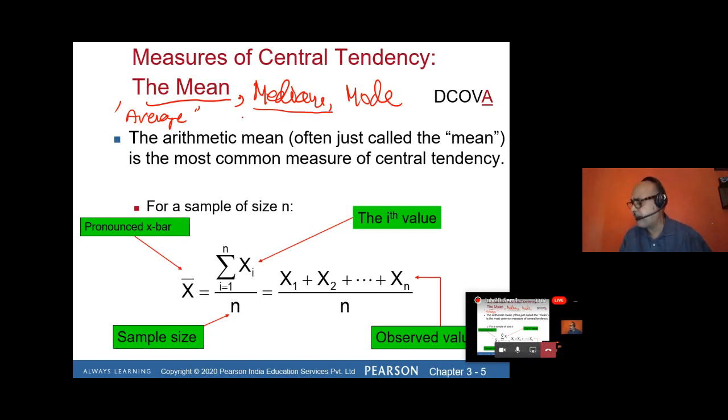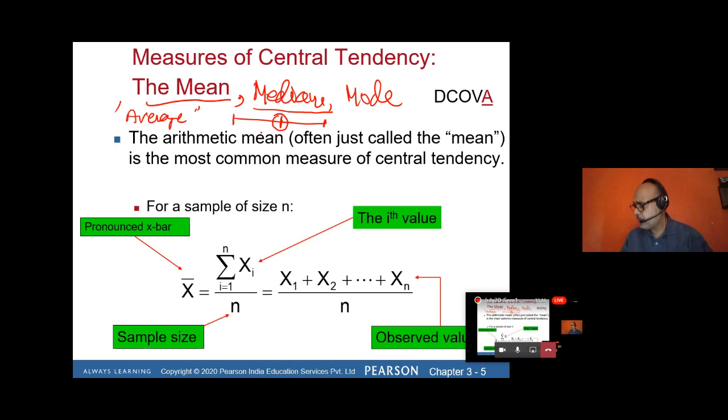Suppose you have a salary data of all employees of your organization. You put the salary data in ascending order, and then the middle point of that data set, the 50% point, is called the median.